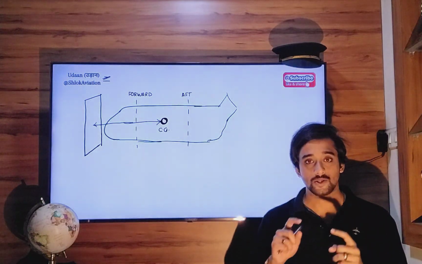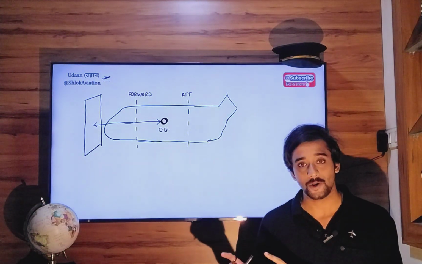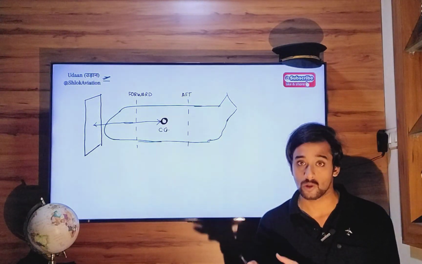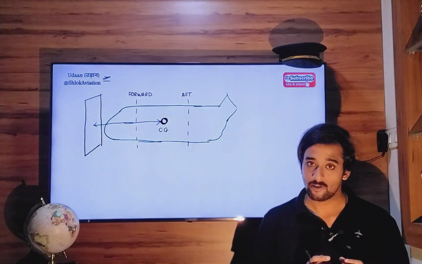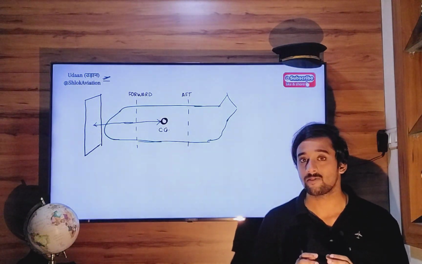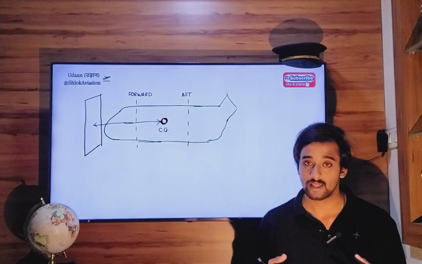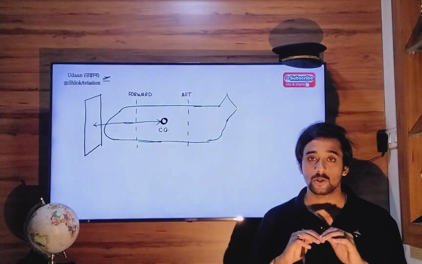Why? Because as you start your engines, the point you shut down your engines, you will be consuming fluid non-stop. Fluid in the sense fuel, right? So at the beginning of your flight, the weight of your aircraft will be maximum because the fuel in your fuel tanks is unused, up to the top level.